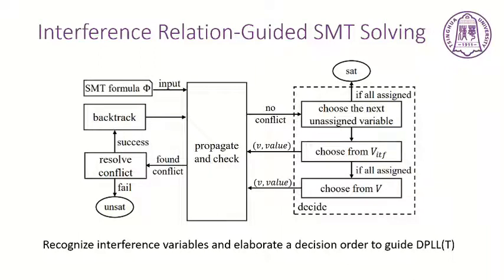If there is no conflict, it continues to choose the next unassigned interference variable following our heuristic. If all the interference variables are decided or propagated, we let the SMT solver choose the next unassigned variable from the other variables.